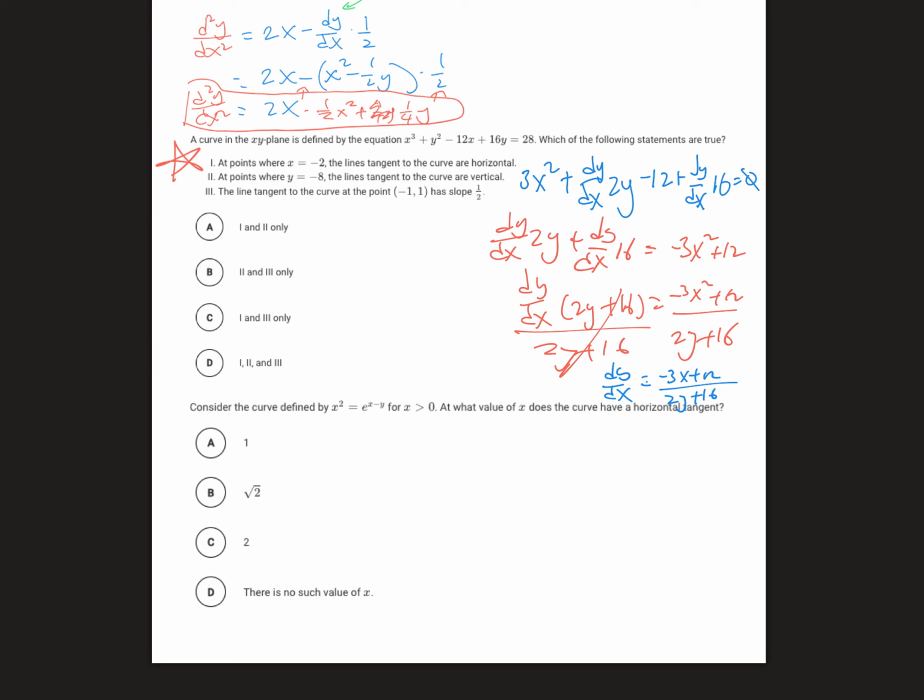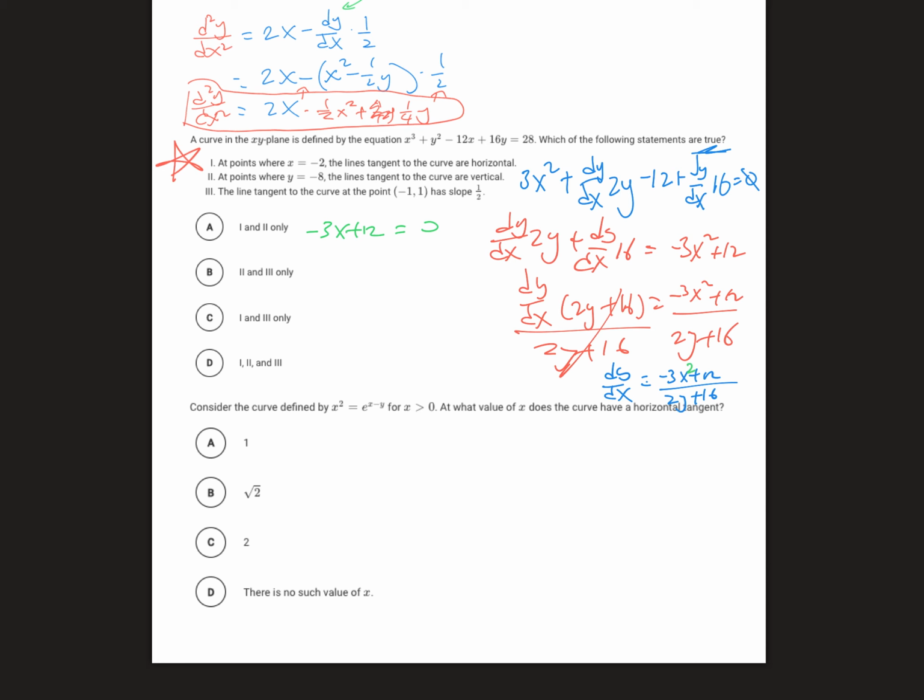So this is going to help us do everything else. Let's check the first one to see which ones are true. That's what our problem says, which ones are true. First one, where x equals -2, the lines tangent to the curve are horizontal. Horizontal means the whole thing is equal to 0, so the numerator has to equal 0. Let's check. If I set -3x squared plus 12 equal to 0, I'm going to solve that. Oh, 3x squared, I forgot the square.